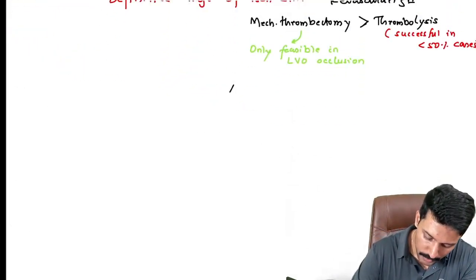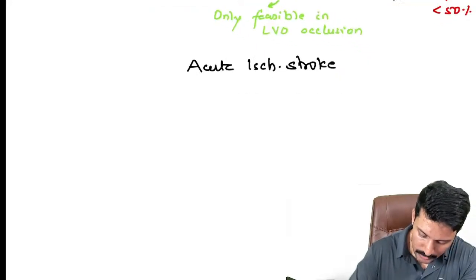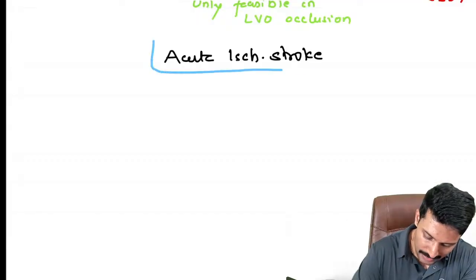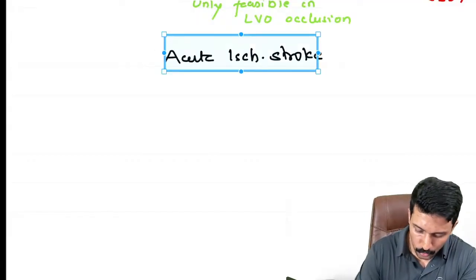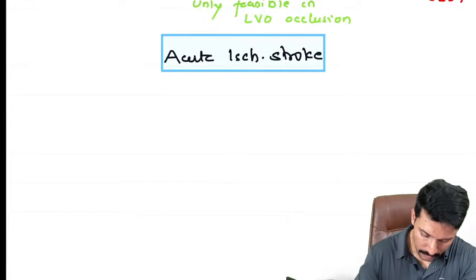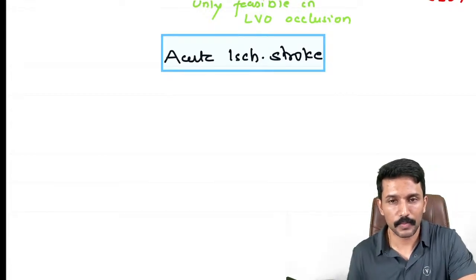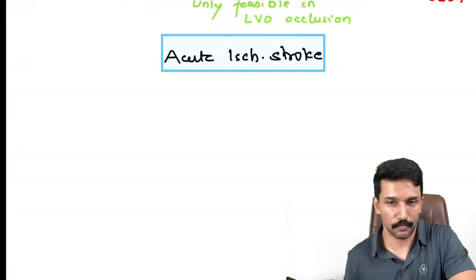So whenever we have a case of acute ischemic stroke, the time of presentation after the onset of stroke decides who should go for mechanical thrombectomy and who should go for thrombolysis, because thrombolysis can be done irrespective of the blood vessel involved.